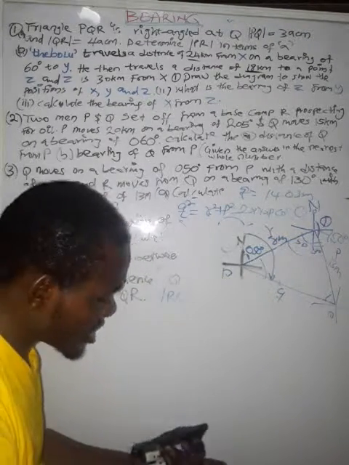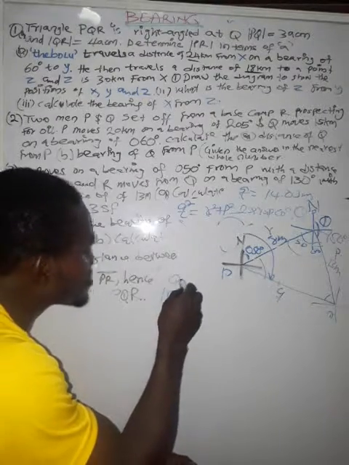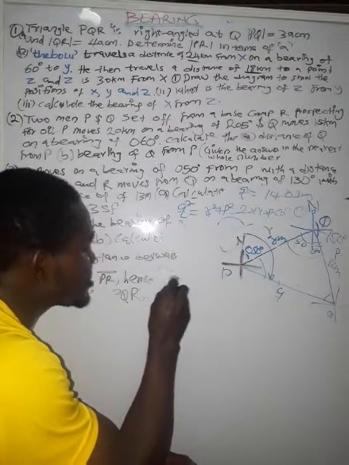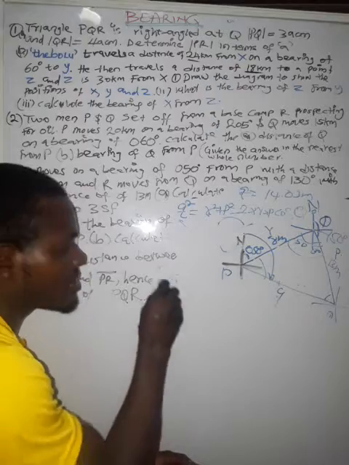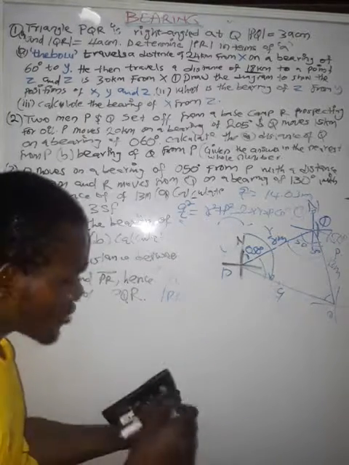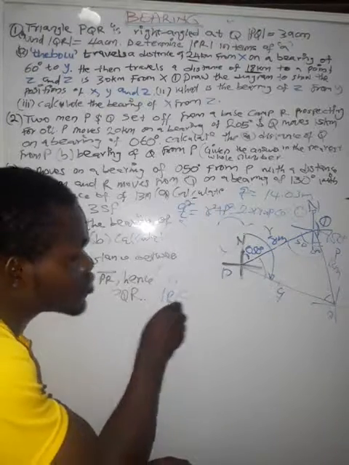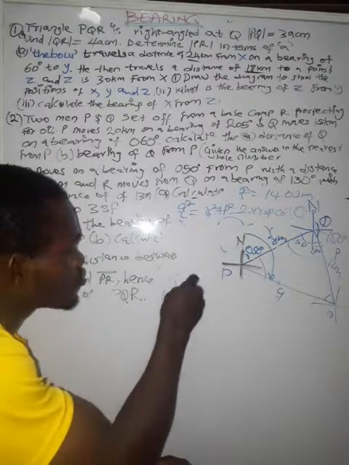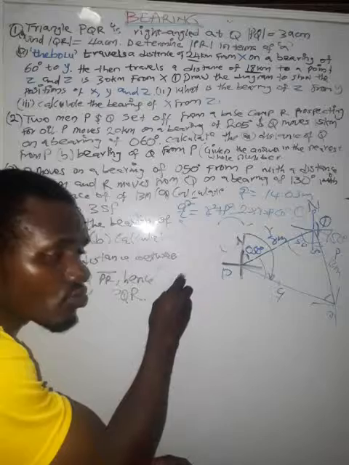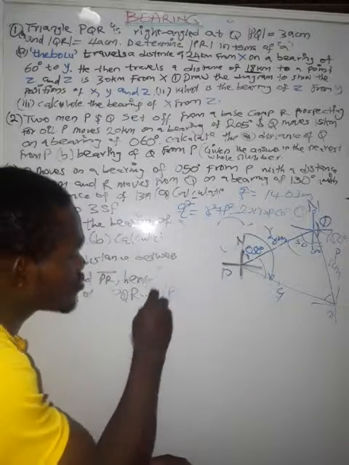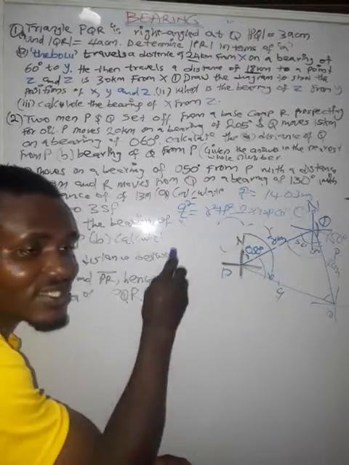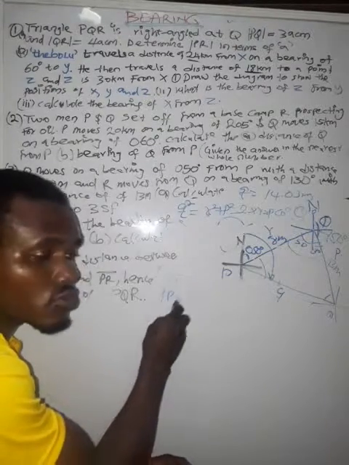So the shortest distance is the singular distance. You have to draw a straight line that is going to be perpendicular to this line. You draw a line from this point to this line here, a straight line forming a right angle to this line.